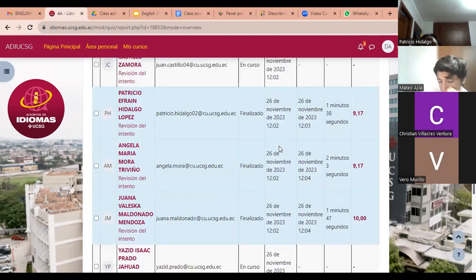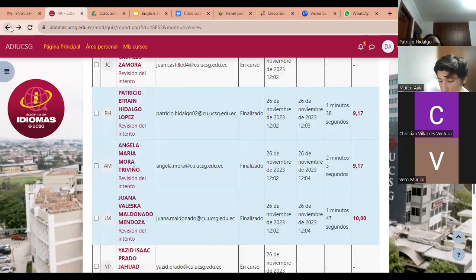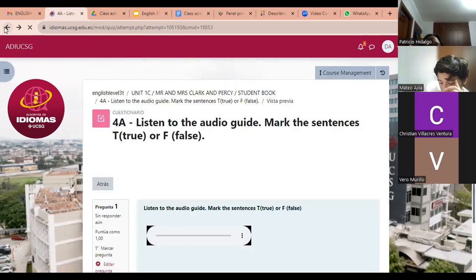Okay, let me see Patricia's attempt. So the first one is true, right? Celia doesn't like... oh, but in here, this is what happened. In here, if you look, I think that might be the issue.